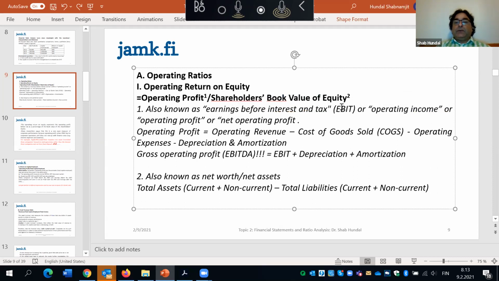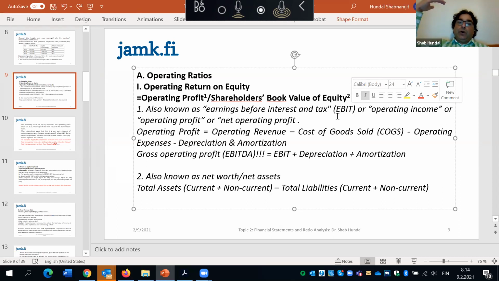But one thing I would like to say is that sometimes earnings is also called income, or sometimes they call it profit. So you can see this phrase also, PBIT, not EBIT but PBIT, which means profit before interest and tax.